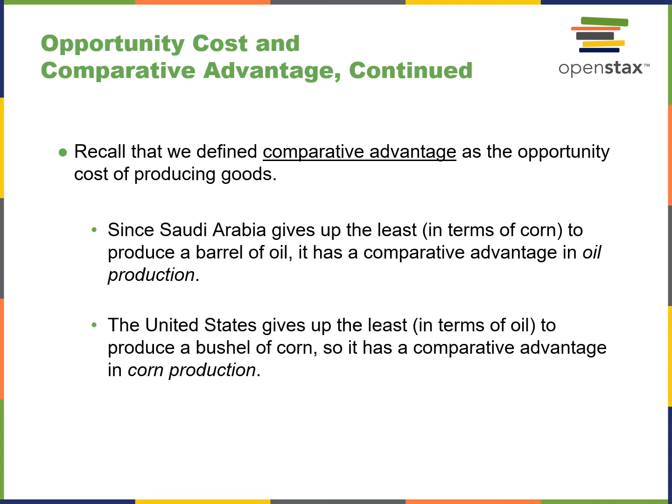The United States gives up, in terms of oil produced, bushels of corn, so has a comparative advantage in corn production, where we have a tremendous amount of fertile land, and we have a very strong agribusiness, so it makes sense that we would be pretty good at producing crops such as corn. There is an interesting relationship between corn and oil anyways in terms of fuel. We could talk about that a little bit later.